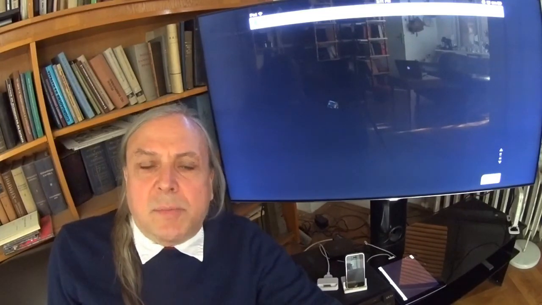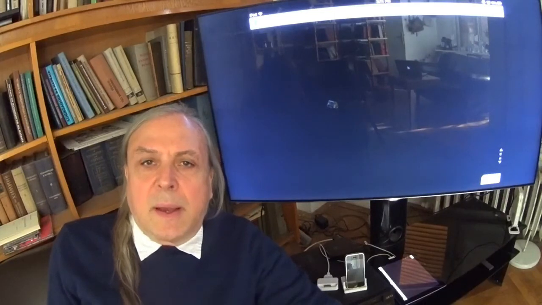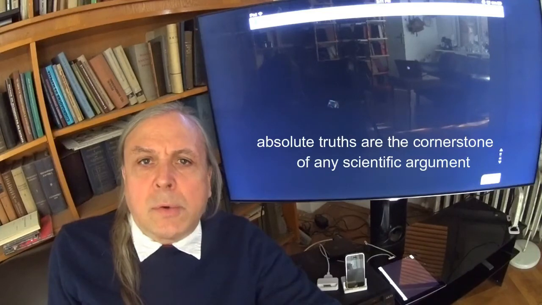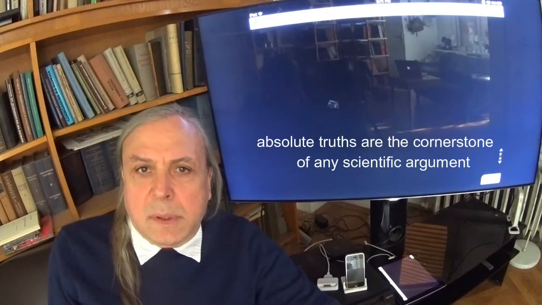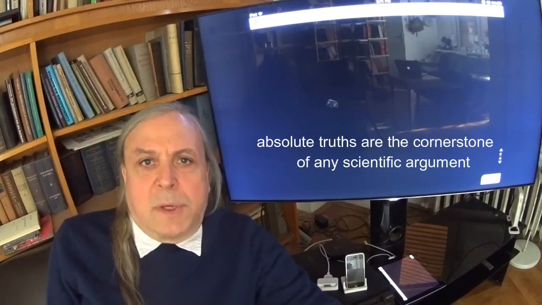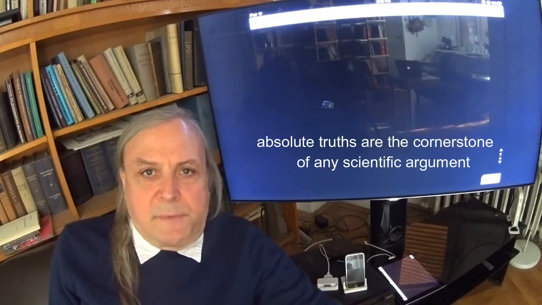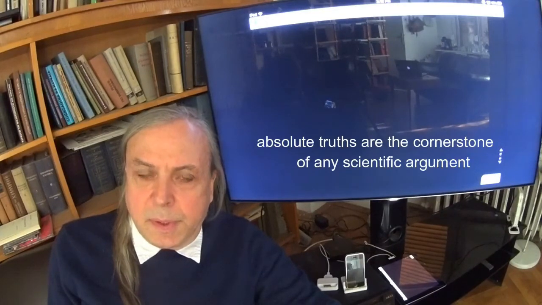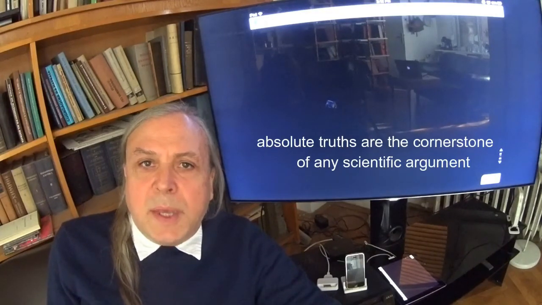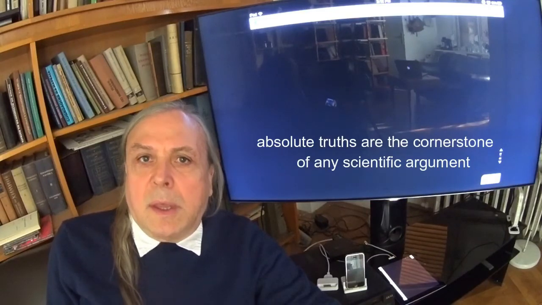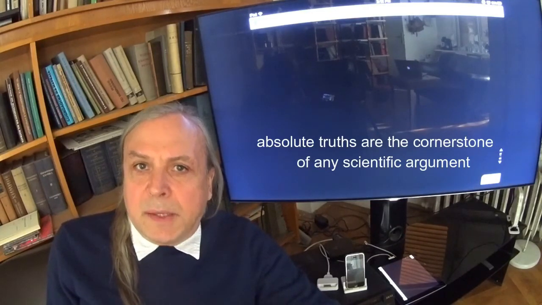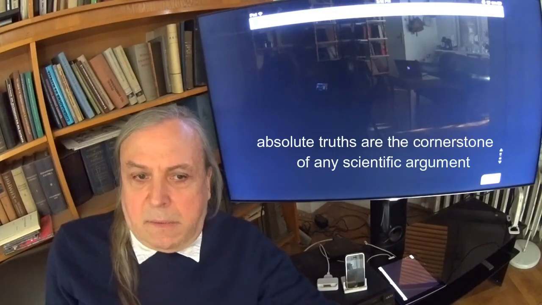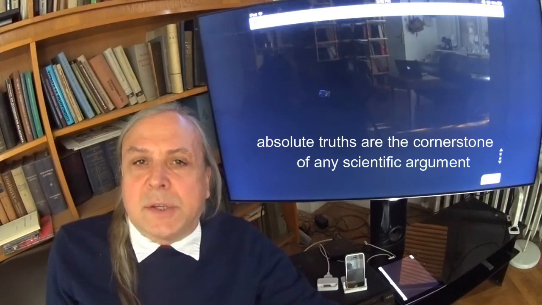However, any rational person would agree that absolute truths are the cornerstone of any argument. And if it is found that the basics of physics are at odds with absolute truths, such a finding must not be ignored if one really thinks that rationality is the real foundation of science.